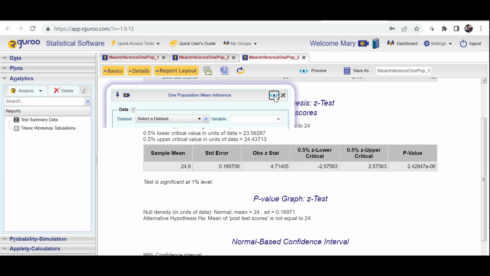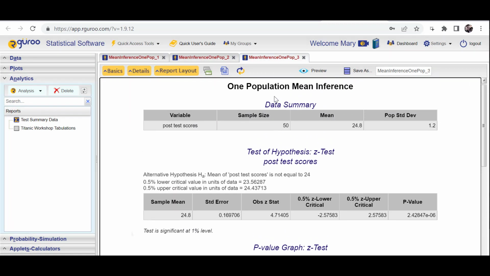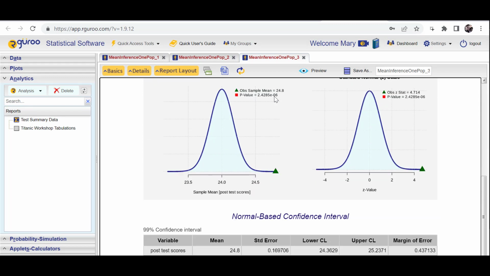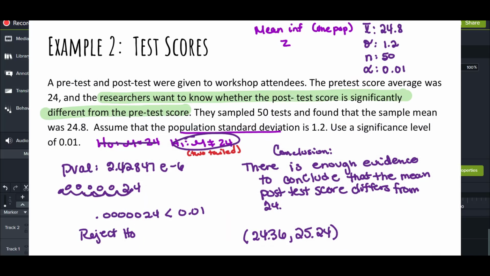If I click preview, not only do I have my hypothesis test here, below it, I now have the confidence interval, and you can see that we are 99% confident the true post-test score is between 24.36 and 25.24. I just wrote that down on my slide there at the bottom. This is the 99% confidence interval.